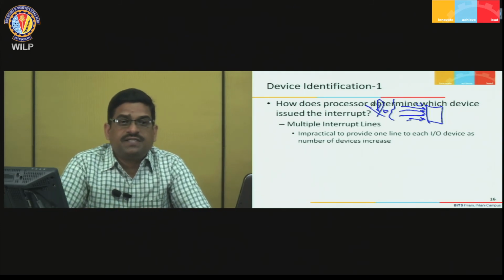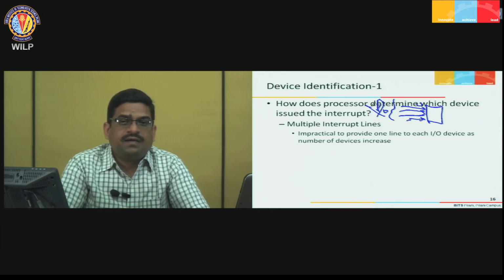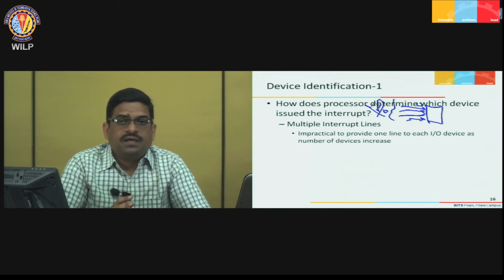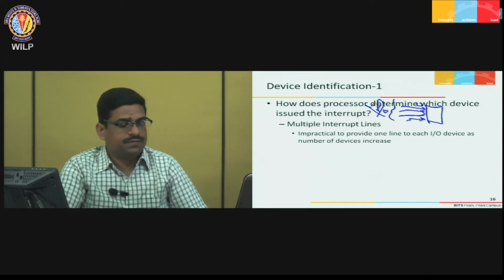There are a lot of devices, and the signals will not be sufficient. These are all lines actually, so extra lines are required, and it is totally impractical to provide one line to each IO device as the number of devices increases. So that solution is not good.